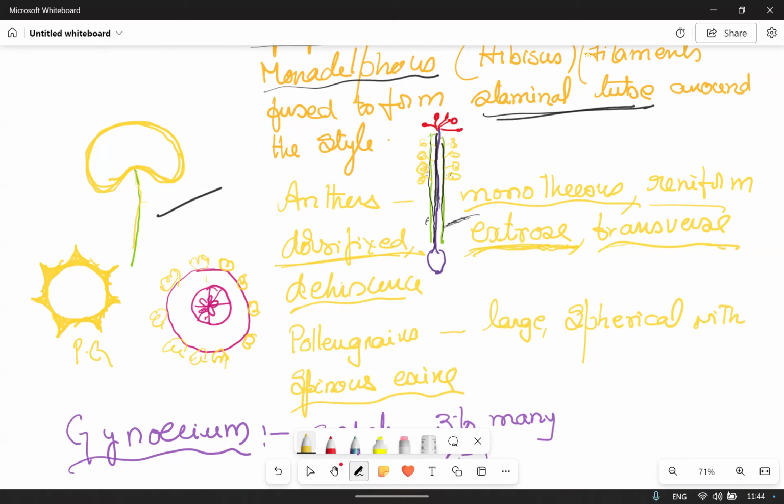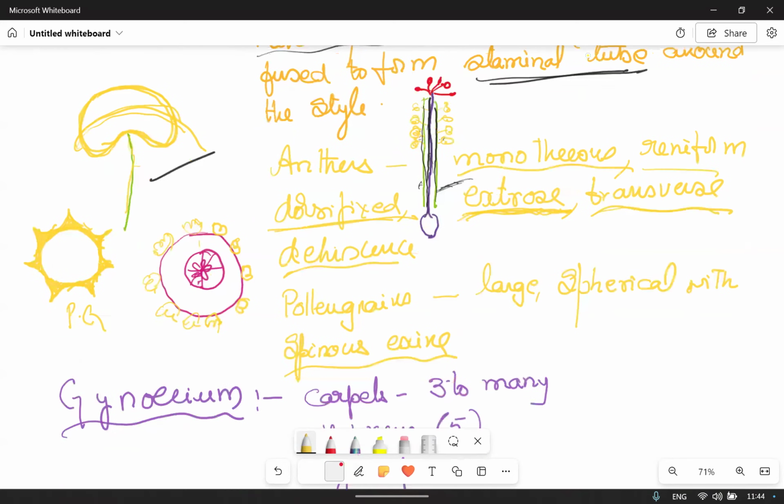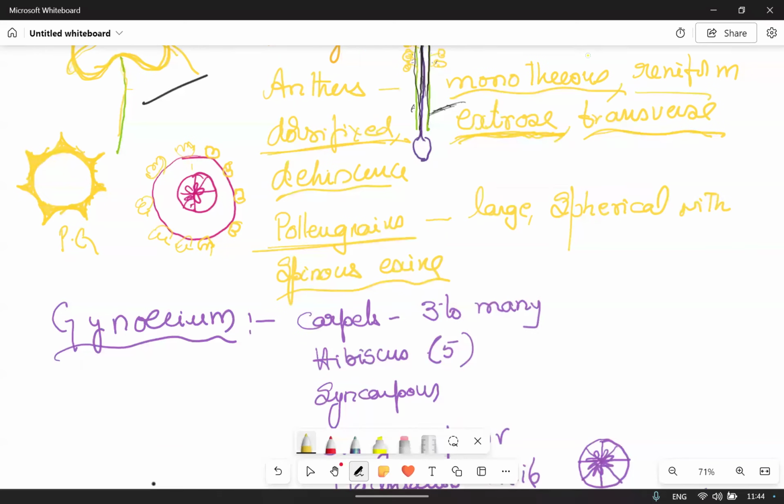And transverse dehiscence, like this it dehisces, not longitudinal. If it is a dithecous anther, longitudinal dehiscence; some other types of dehiscence you can also see. Here we are seeing transverse dehiscence. Dehiscence means breaking open of the anther at maturity. And in the pollen grains, here also we observe a special character.